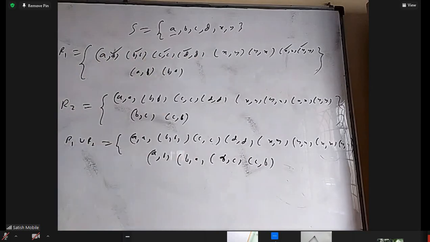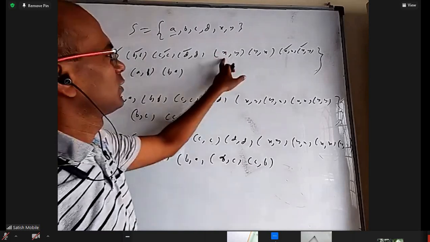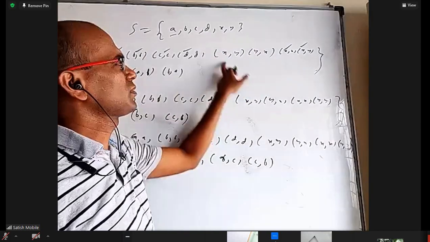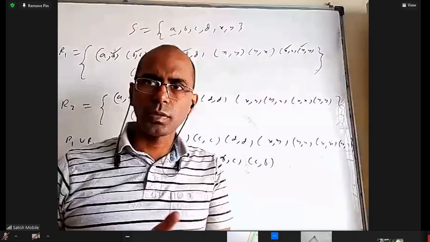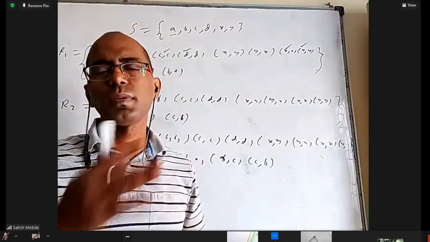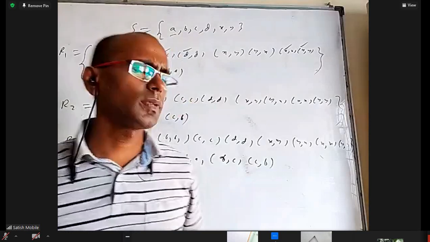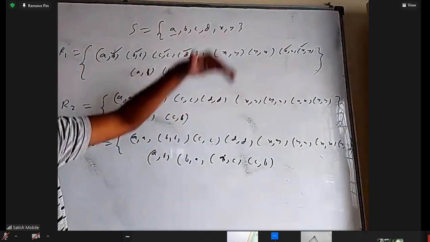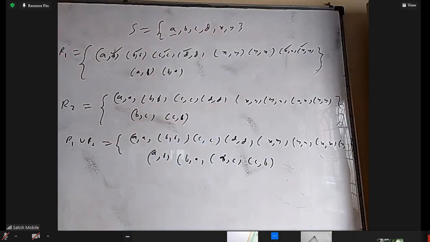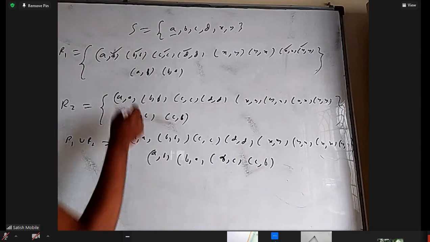It's okay. This alone is transitive. Why? For X, Y is the image. For Y, X is the image. So for X, X should be the image. Normally, transitive means what? If A comma B is there, and B comma C is there, A comma C should be there. For A, B is the image. For B, C is the image. For A, C should be the image. For X, Y is the image. For Y, X is the image. For X, X is the image. So this is transitive. But their union is not transitive. Mainly everything is because of this. Say carefully.